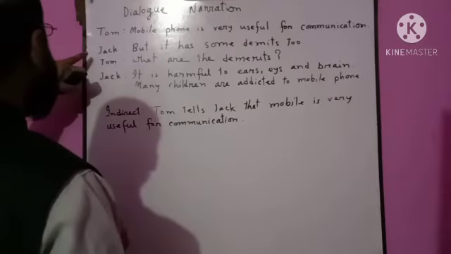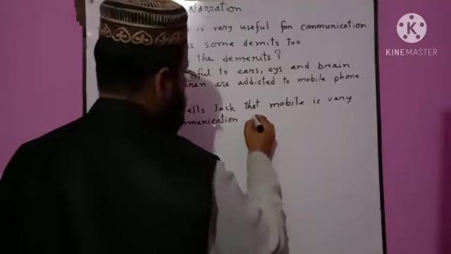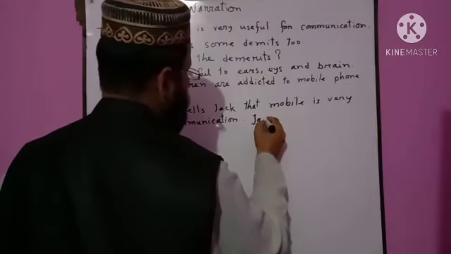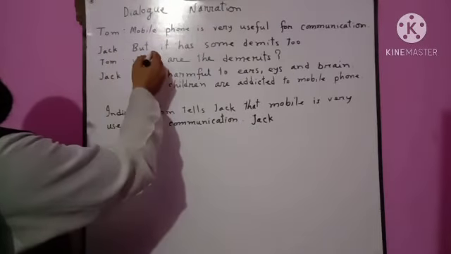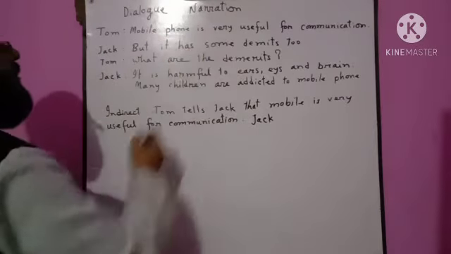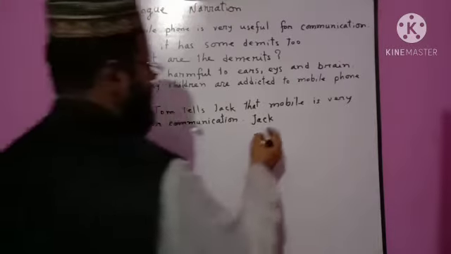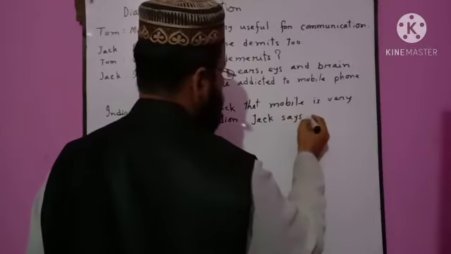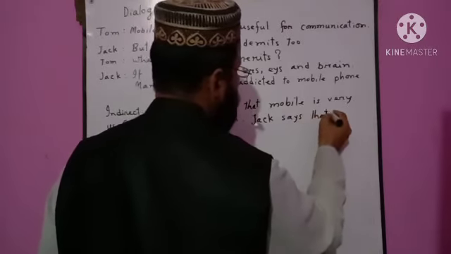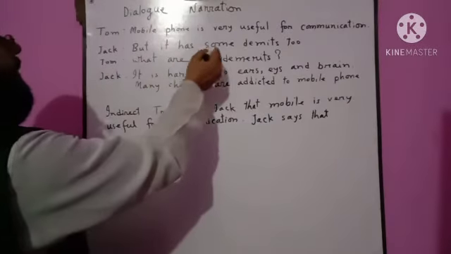Then Jack is the second speaker. Jack: But it has some demerits too. It is also an assertive sentence. So we can use says that. Jack says that it has some demerits too.